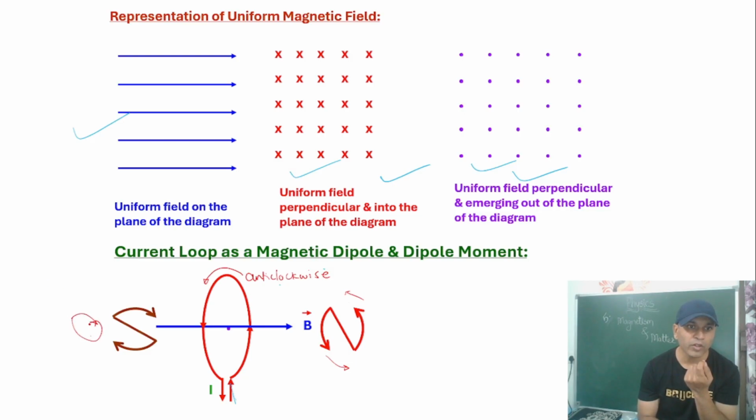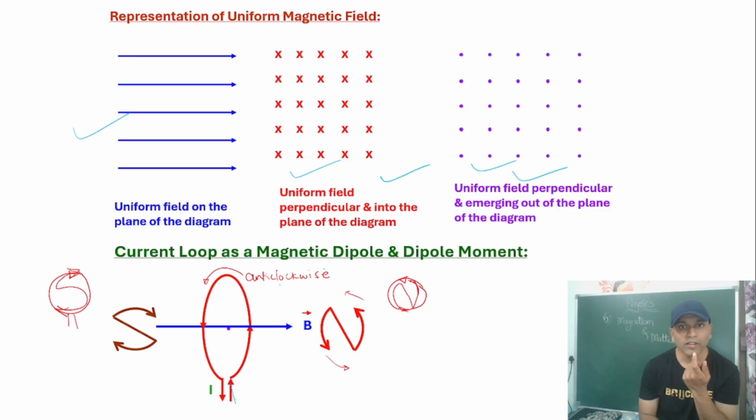One minute, I will draw it properly. The one who observes the rotation of this loop as clockwise will say this is south, and the one who observes this loop as anti-clockwise will say no, this one is north.